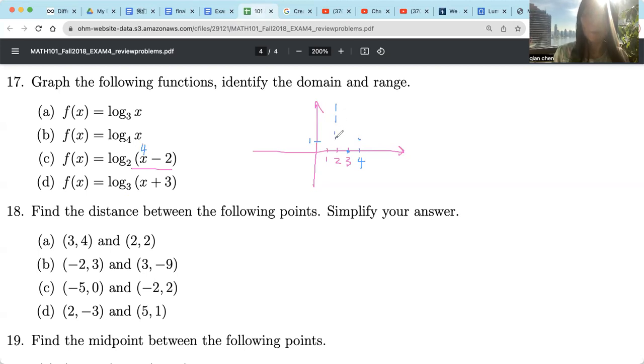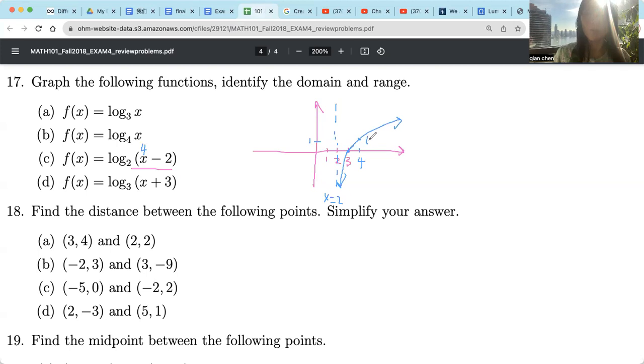I know that's a horizontal shifting 2 units. Something called an asymptote, right? Asymptote means a prohibited line, meaning your graph will never cross the line. So my graph keeps going down along this x equals 2 vertical line, but it will never touch this vertical line. And then my graph goes up through this 4, 1.